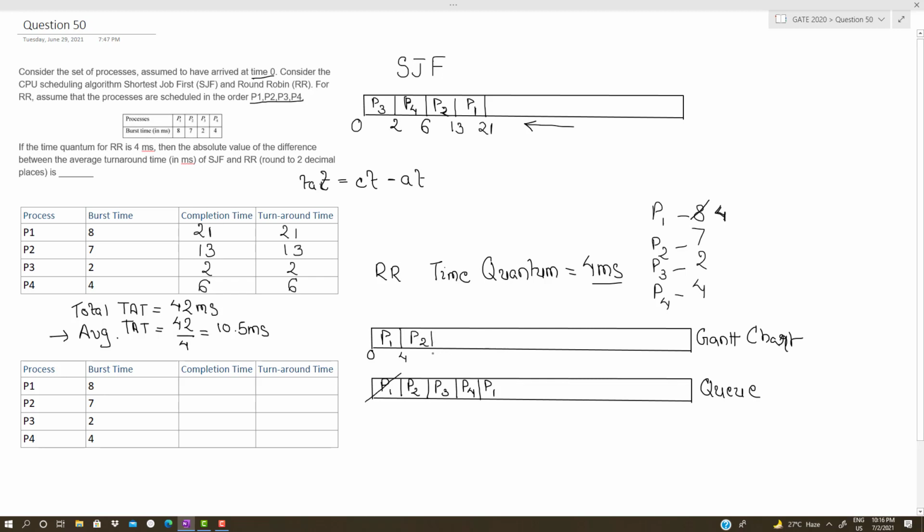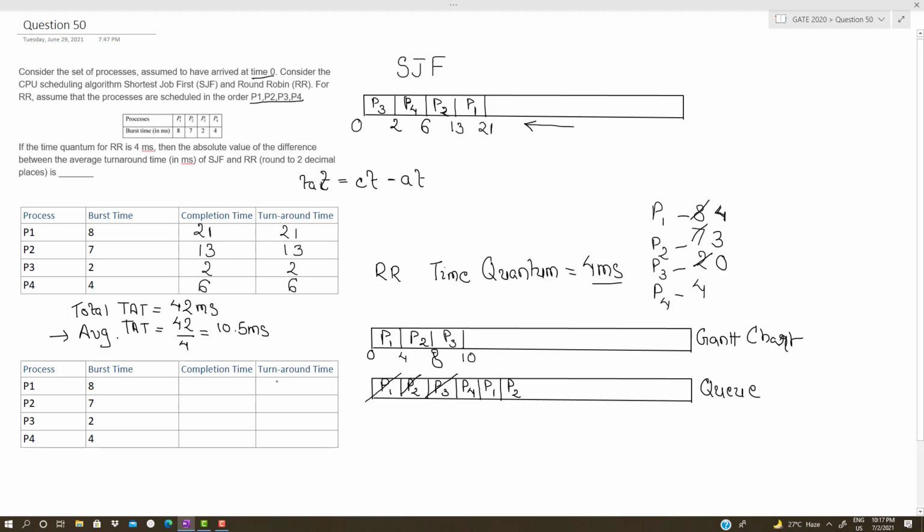It will execute for 4 milliseconds, and its burst time becomes 3. P2 will be popped from the queue and will again be pushed. Okay. Then P3 will execute for 2 milliseconds because its burst time is only 2 milliseconds. It has completed its execution, so it won't be appended to the queue.